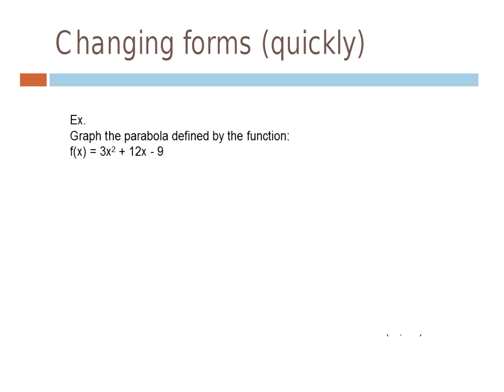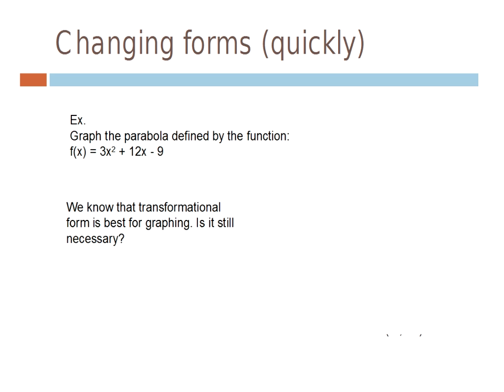Here I've asked you to graph a function defined through an equation in general form. Well, I don't know much about this. I know the y-intercept, for instance, would be 0, negative 9, but that's about it. But now that I have this shortcut, I don't have to go into transformational form by completing the square.